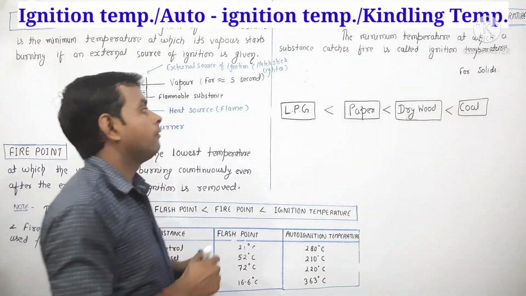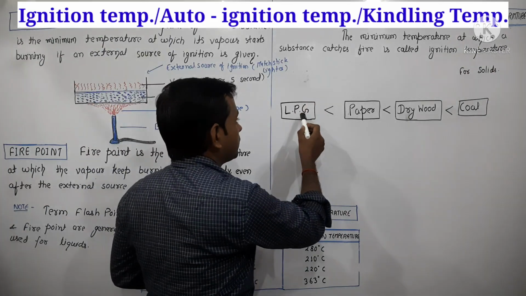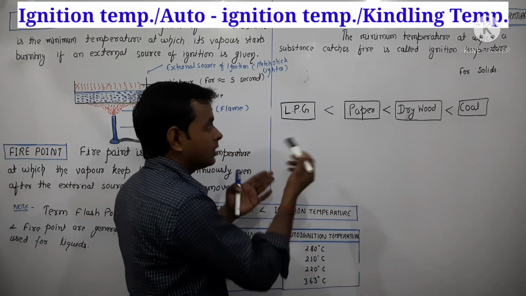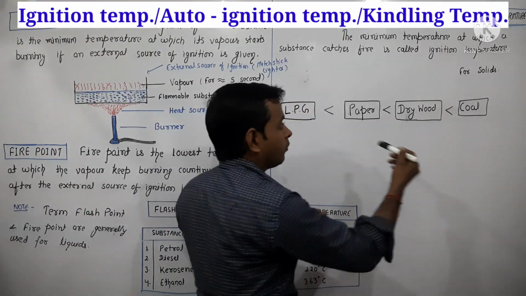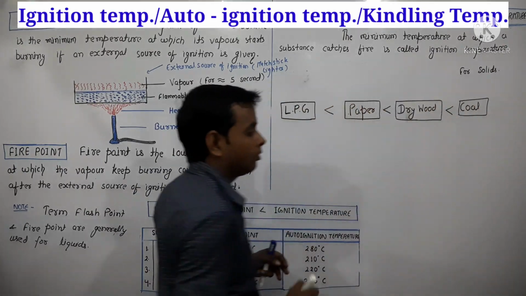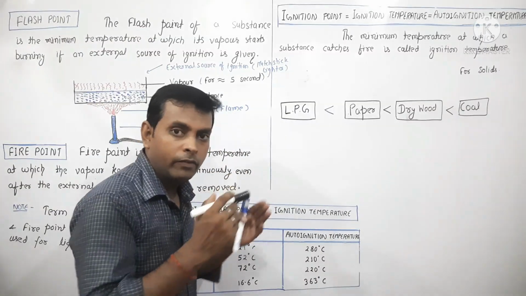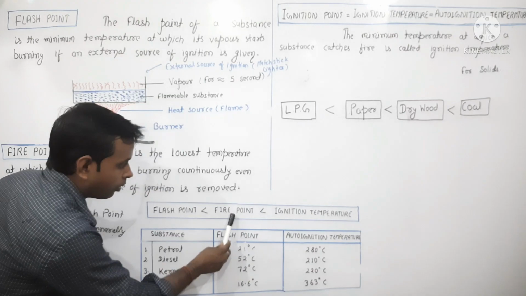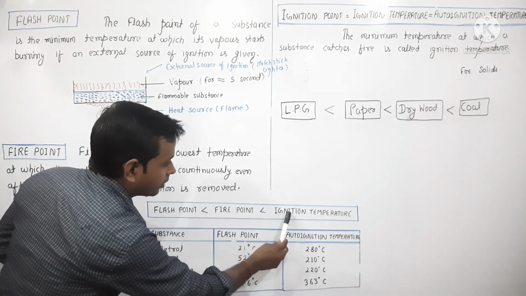In this way we can say that the ignition temperature of LPG gas is very much less than that of paper, which is less than dry wood, which is further less than that of coal. Now we can finally say that flash point is less than fire point, which is further less than that of ignition temperature.